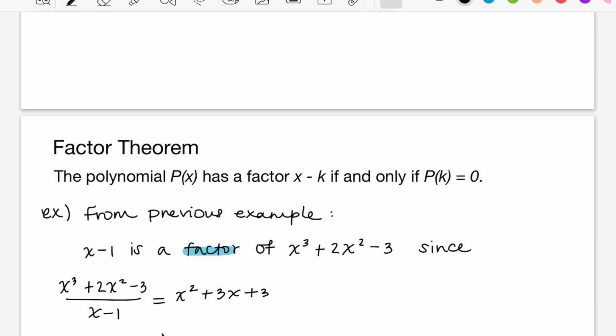And so we know that x minus 1 is going to be a factor because x minus 1 times our quotient that we got is equal to our original polynomial.